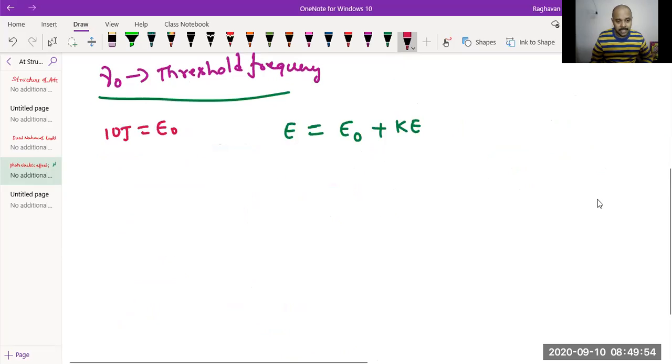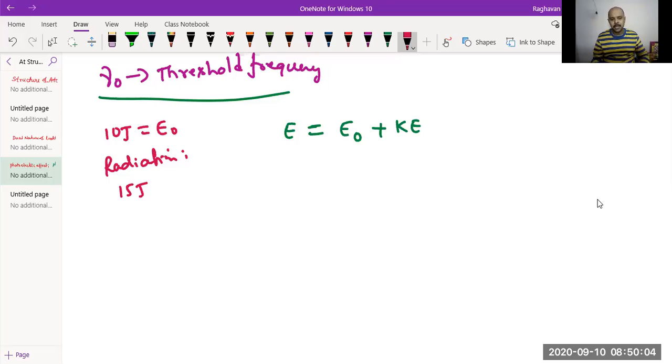Now let's say a radiation of energy 15 joules is incident on the metal surface. Can this 15 joule energy be called threshold energy or energy greater than threshold energy? Greater than threshold energy.